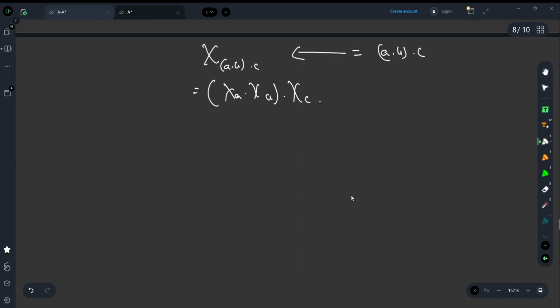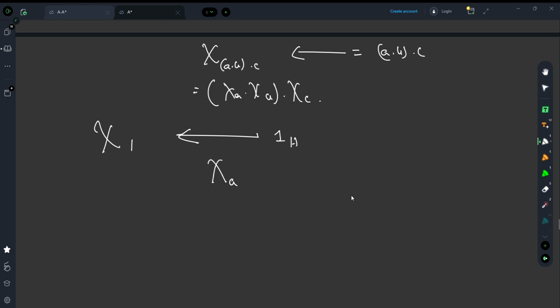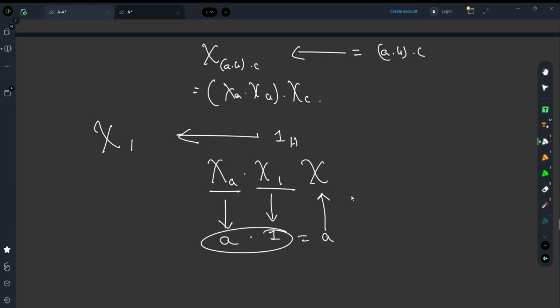Now if you start with 1 in H, so the fiber of 1 is chi of 1. Let's say, what is chi of A dot chi of 1? So in a way we project chi of A to A, we project chi of 1 to 1 in H, we compose them up, we eventually get A. I bring it back to G as a fiber, it is chi of A, right?